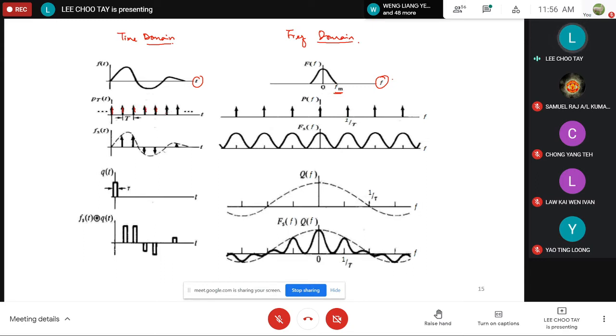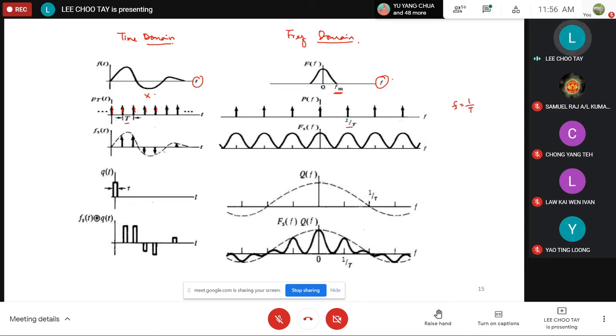The frequency domain representation for impulses in time domain are also impulses in frequency domain. I believe you have learned this from DSP, except that the interval in time domain is T, whereas in frequency domain the interval is 1 over T, just because f equals 1 over T. Now, when you perform impulse sampling in time domain, you are just multiplying these two signals.